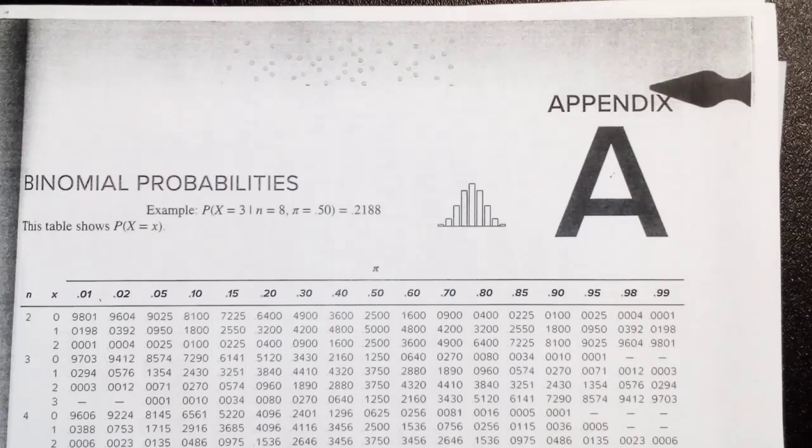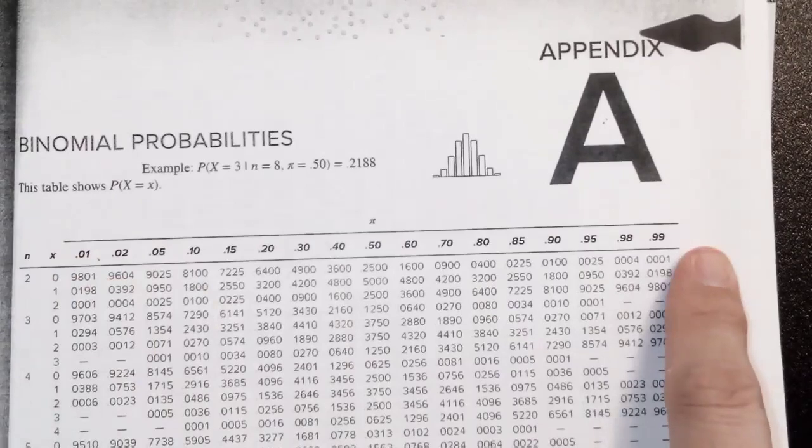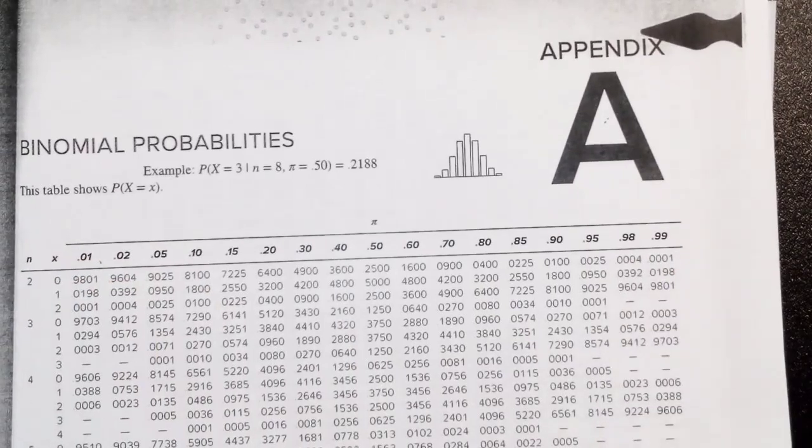Number of trials goes from 2 through to 16. There are a lot of possibilities back here. Chance of success goes from very small to very large. If I don't have the correct entry in my table, I can do this in Excel.